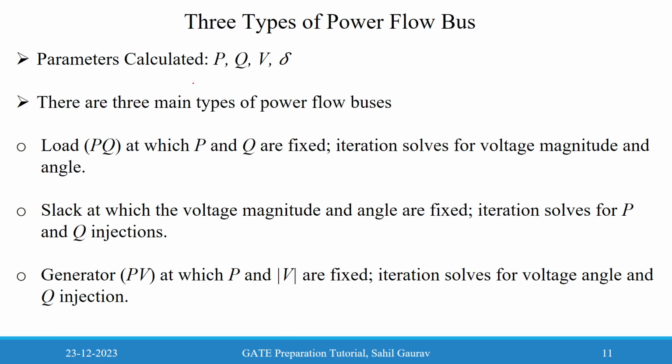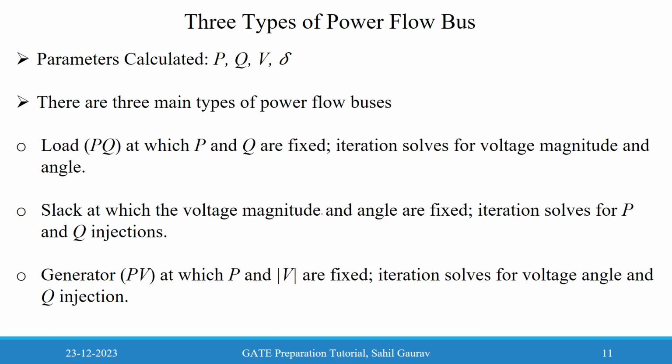Now, three types of power flow buses. We all know the load bus, generator bus, and the parameters we calculate using load flow: P, Q, voltage magnitude and voltage angle. There are three main types of power flow buses. Load bus, at which P and Q are fixed, and iteration solves for voltage magnitude and angle.